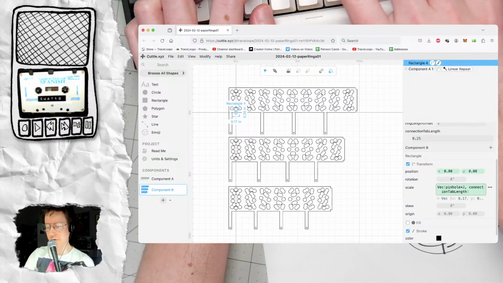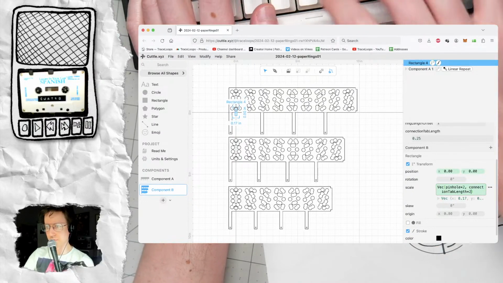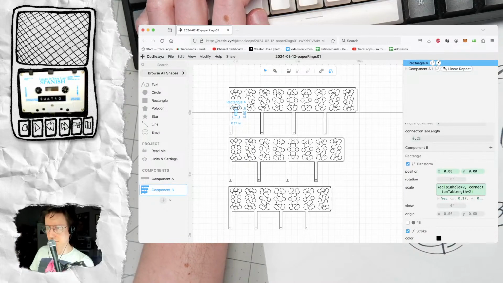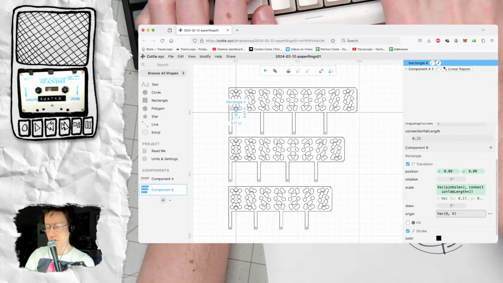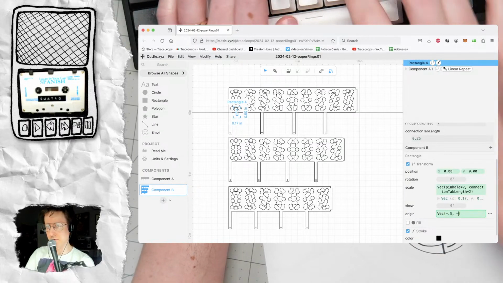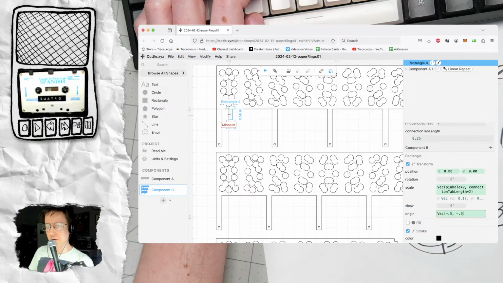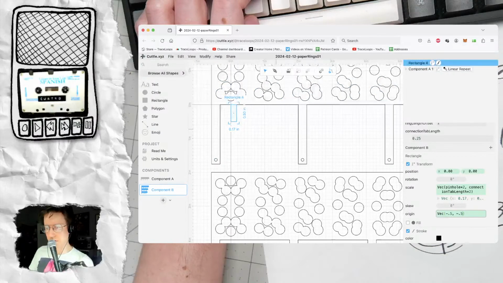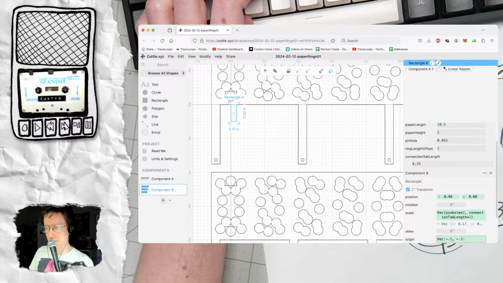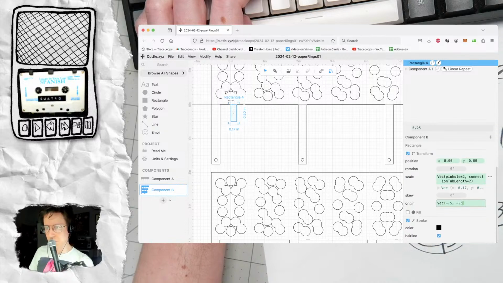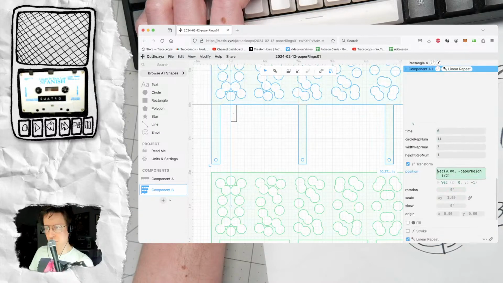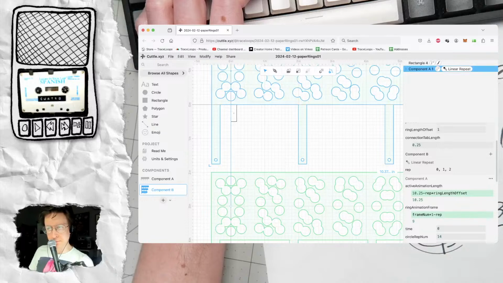Connection tab length times 2. Makes it half an inch. The position is negative 0.5, negative 0.5, and 10.25.